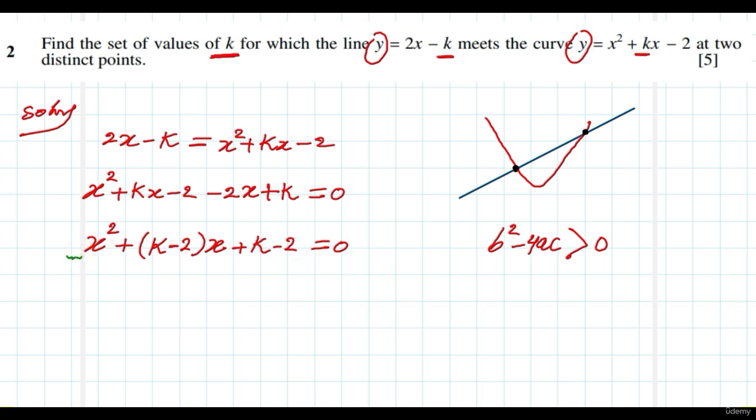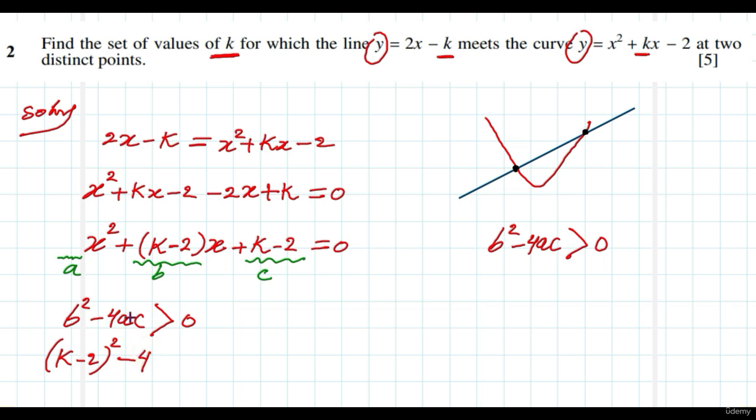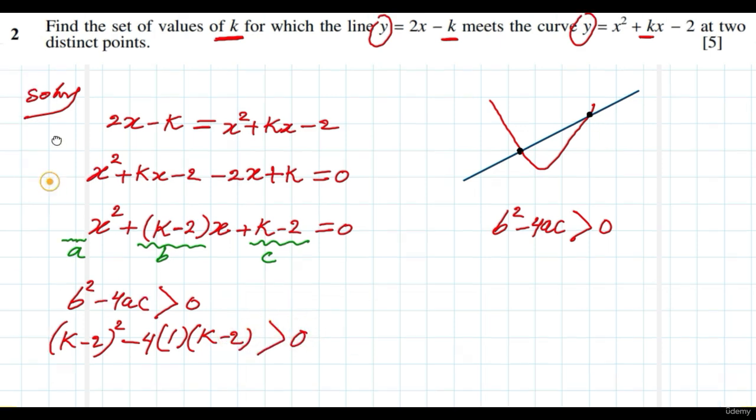You can say that the leading coefficient here, a, is 1, and b represents k minus 2, and c is k minus 2. Therefore, when we apply this condition, we have all the required information, a, b, c values. So we can say b squared minus 4ac must be above 0. b is k minus 2, all squared, minus 4 times ac. a is just 1, times c is k minus 2, should be above 0.